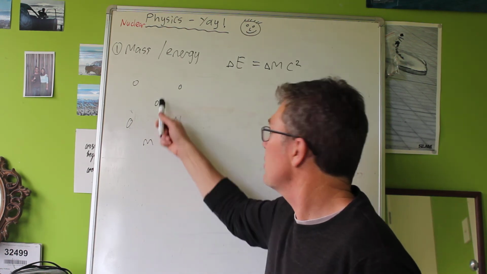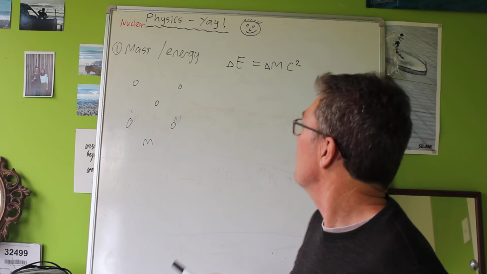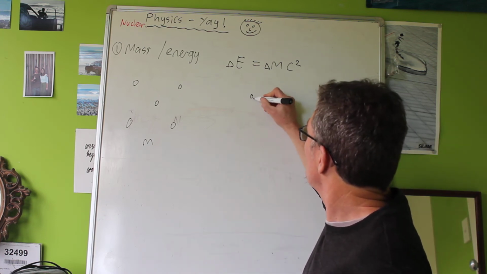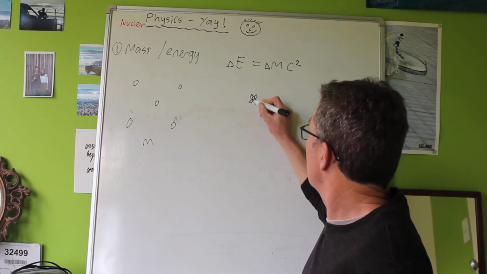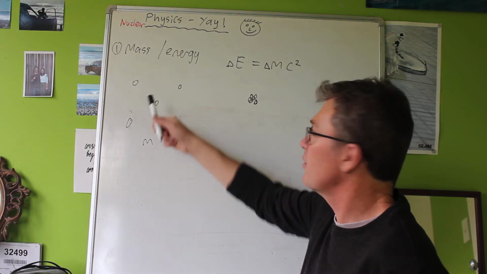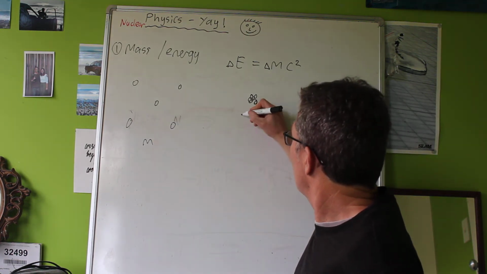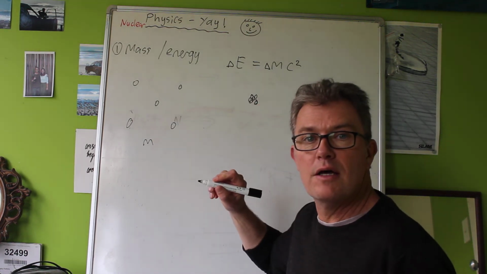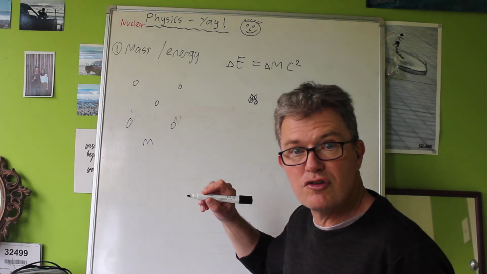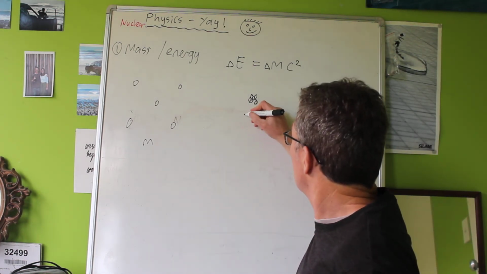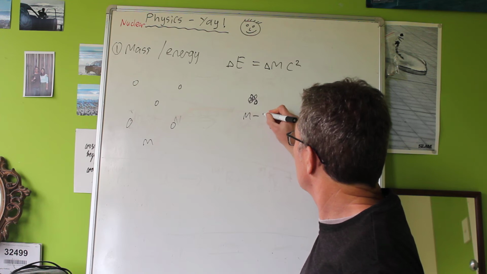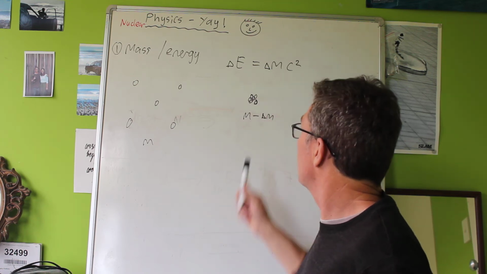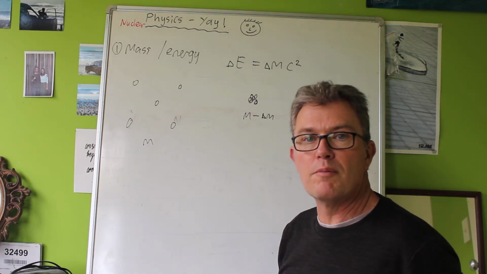You weigh each of them somehow, it gives you a mass m. Then you whack them all together, 1, 2, 3, 4, 5, however many there are, and you find the mass is now reduced, it's less. M minus delta M. Delta M is what we call a mass defect.